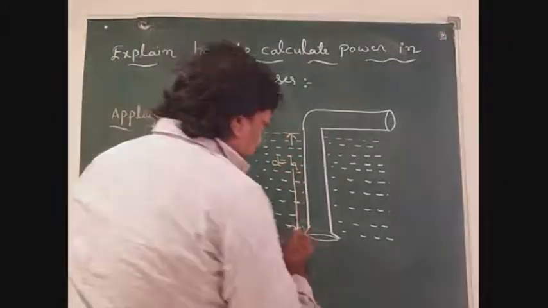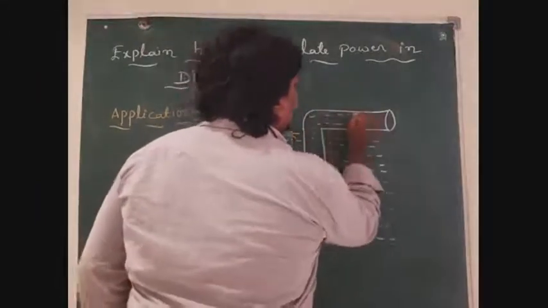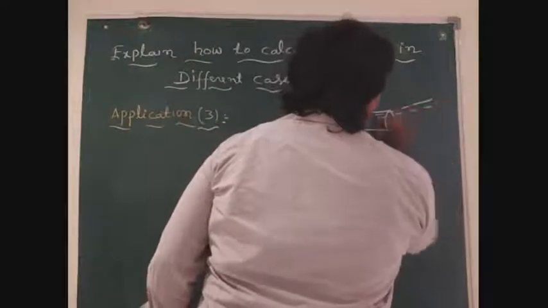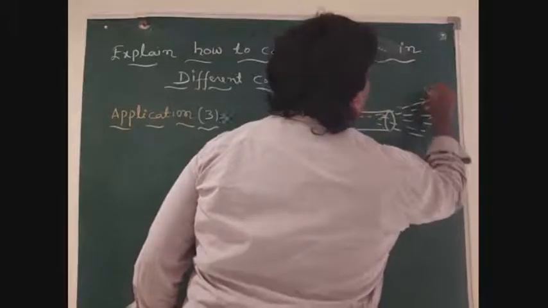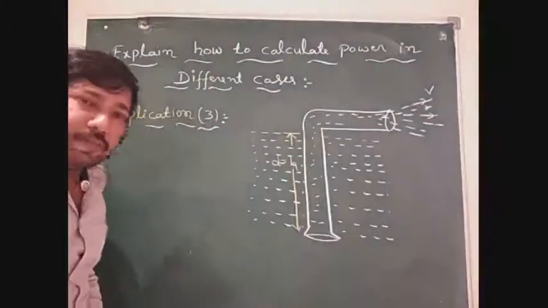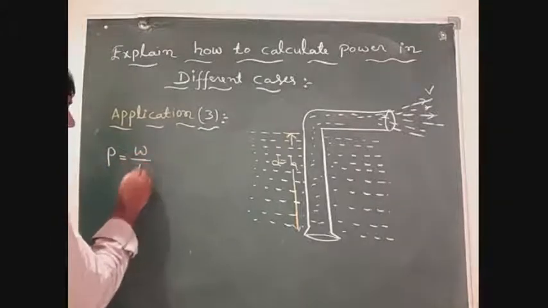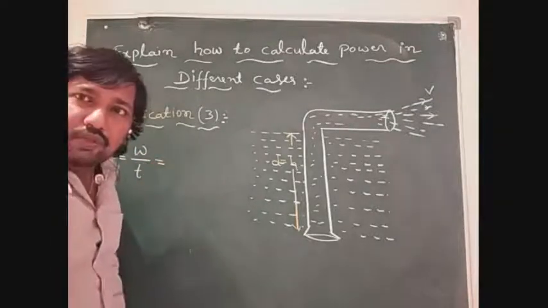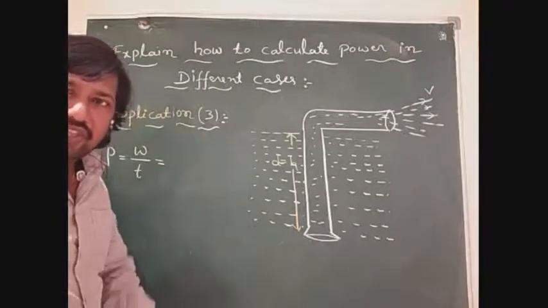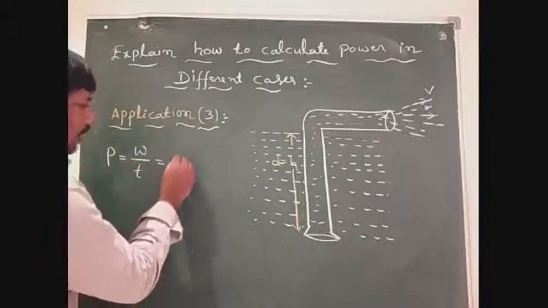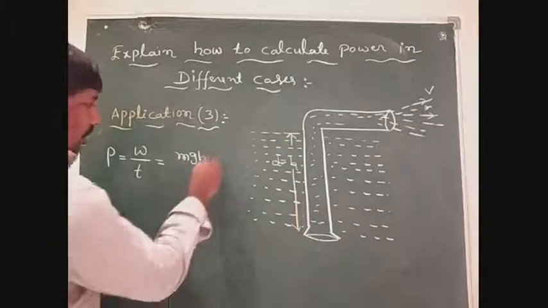Water is delivered with constant velocity. The power equals work done by time. In this case, work done is equal to the sum of the potential energy and kinetic energy.